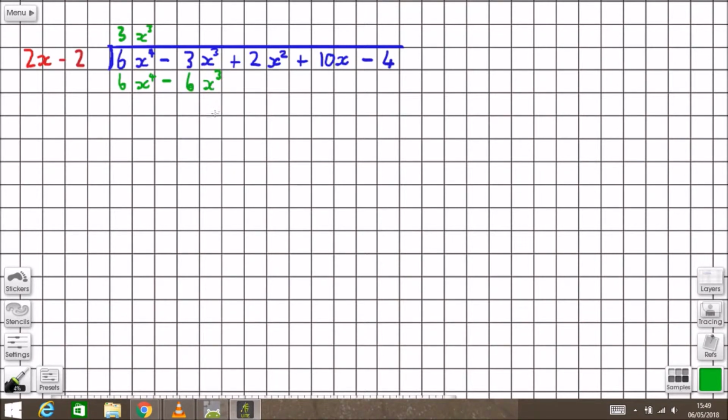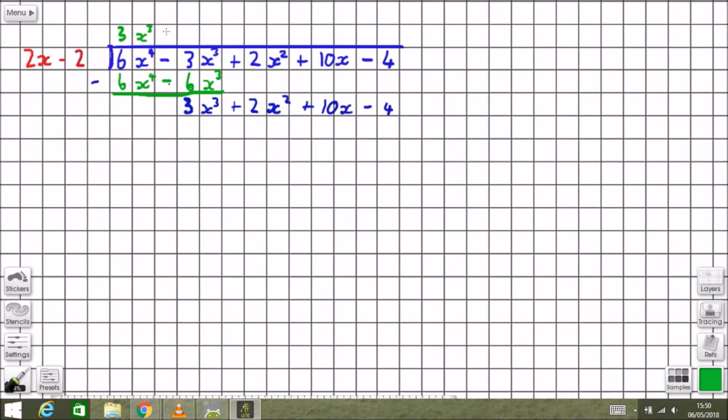3x cubed times negative 2 is negative 6x cubed. I'll subtract this from our blue polynomial, and the remainder so far will be negative 3 minus negative 6, which is positive 3x cubed. Bring down the x squared term, the linear term, and the constant negative 4. And repeat.